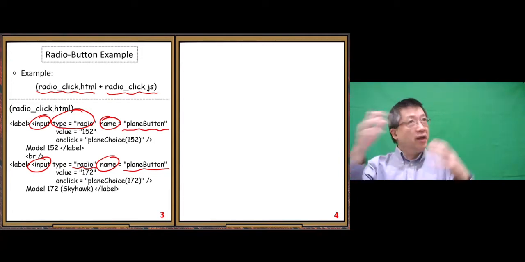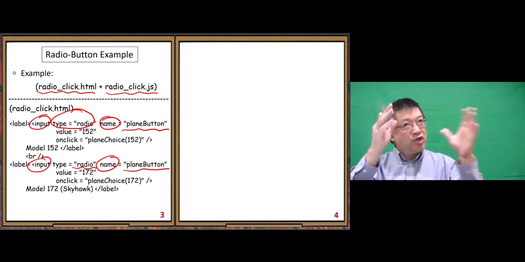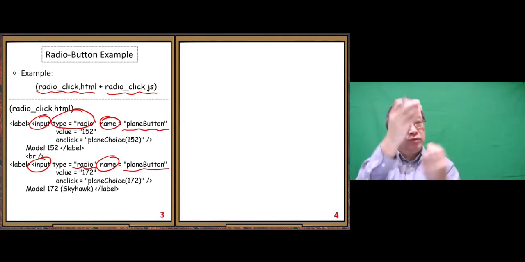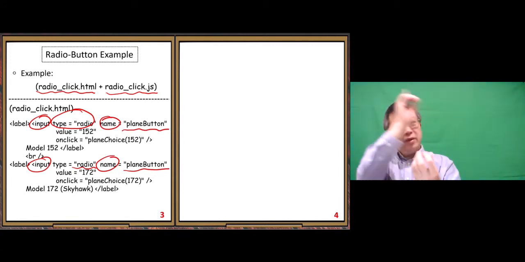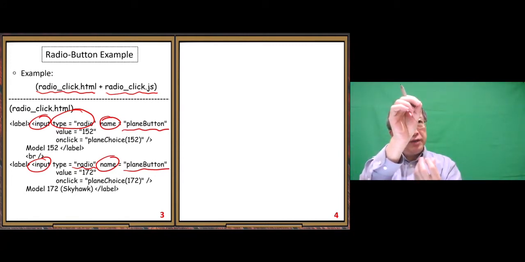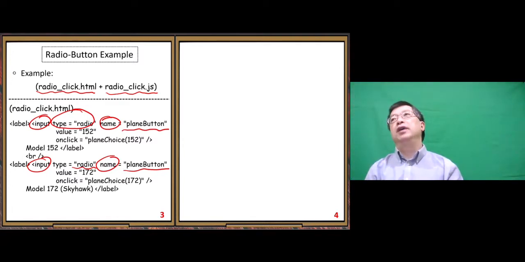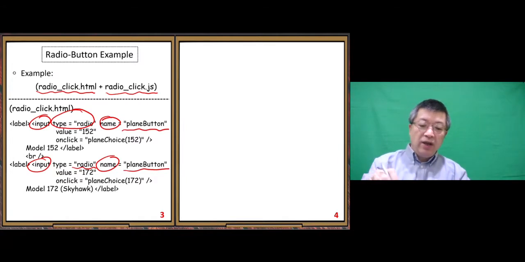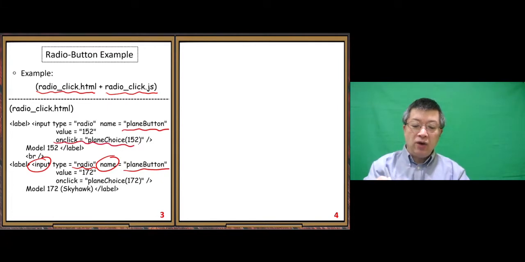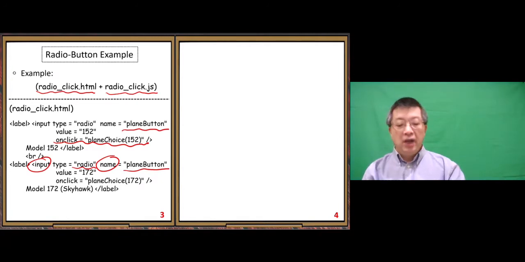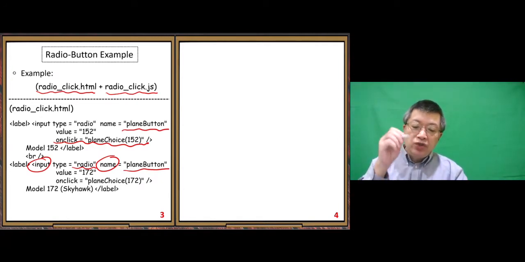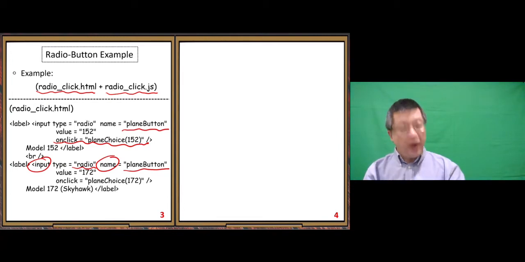So the browser will control it: when one radio button is selected, the remaining ones in the group are deselected automatically. That's the first thing. The second thing, the main part, is onClick equals a JavaScript function call, the name of the function, plain choice, with some parameter.